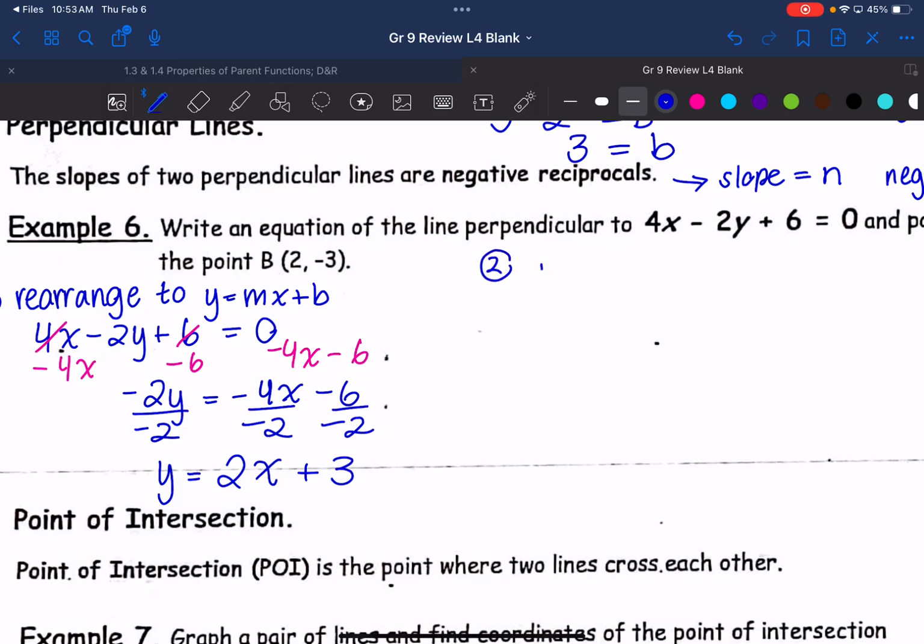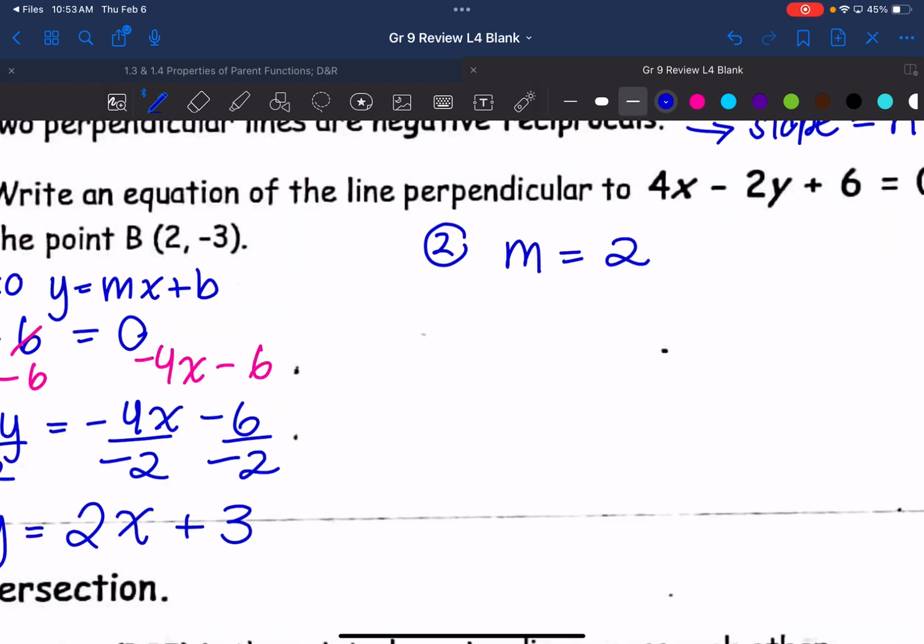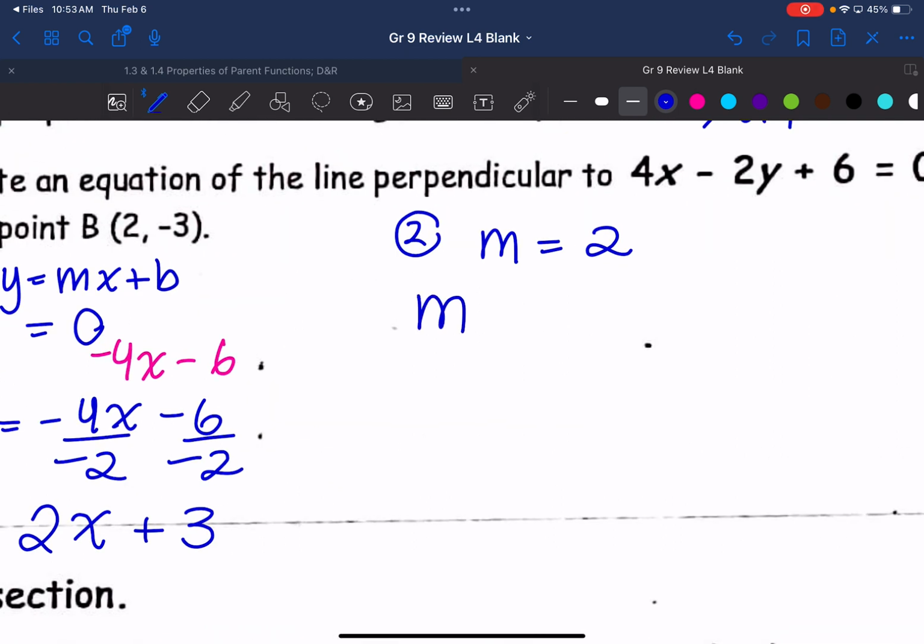Okay, so my regular slope is 2, which means my negative reciprocal slope, which we denote with this upside down looking T, it just means that's the slope where the lines meet at a 90-degree angle, right? I'm going to change the sign, so it goes from positive to negative, and I'm going to flip it to a fraction.